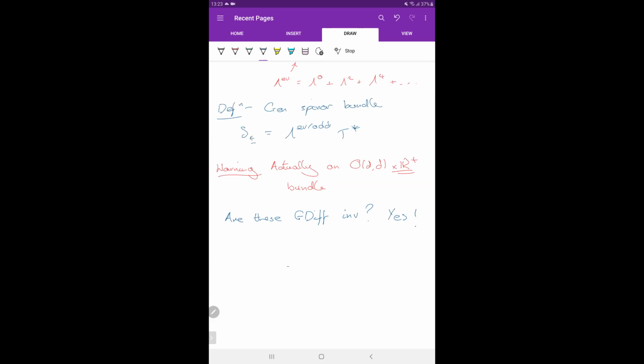And this is precisely because if I take any generalized diffeomorphism acting on a tensor bundle, we can always decompose F as the combination of a closed two form and a diffeomorphism.